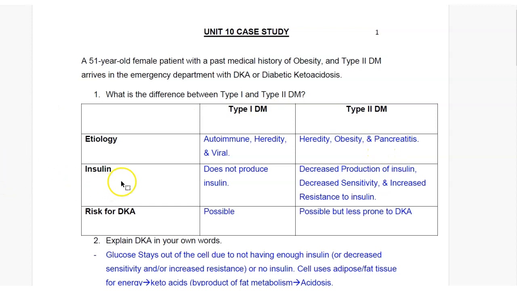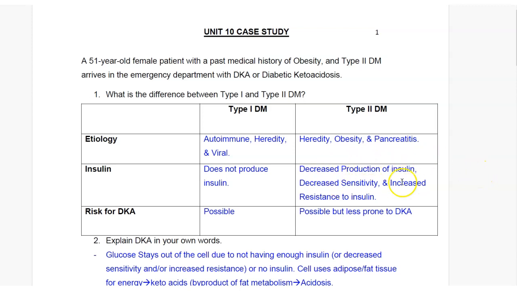Next, insulin. In type 1, the body does not produce insulin. In type 2, sometimes it's one of these reasons or a combination of these reasons. So in type 2 diabetes, there is decreased production of insulin, and then there's decreased sensitivity and increased resistance to insulin.